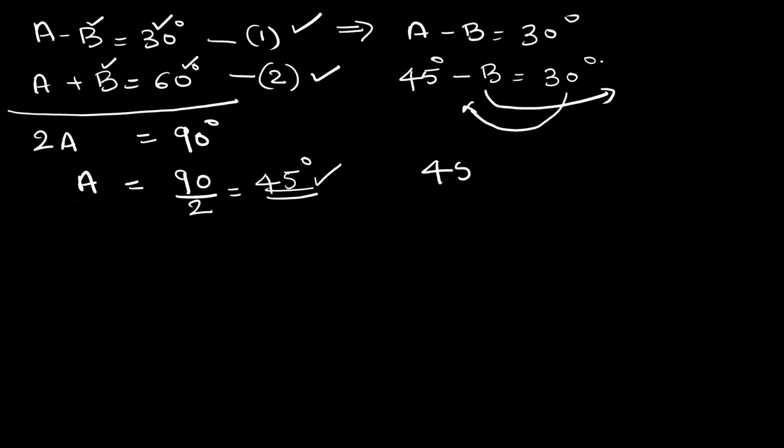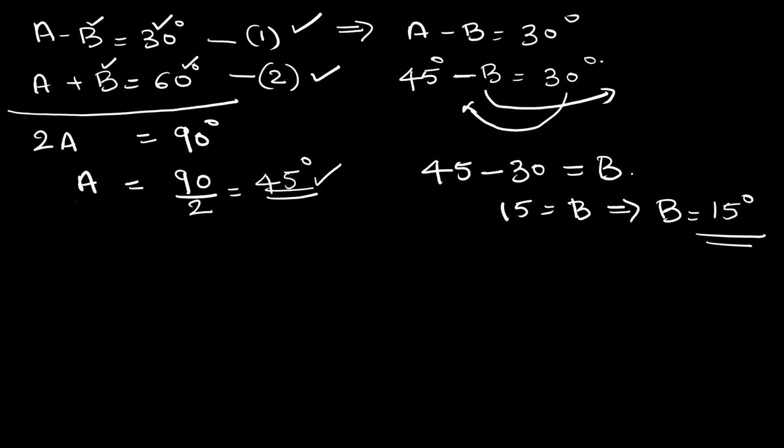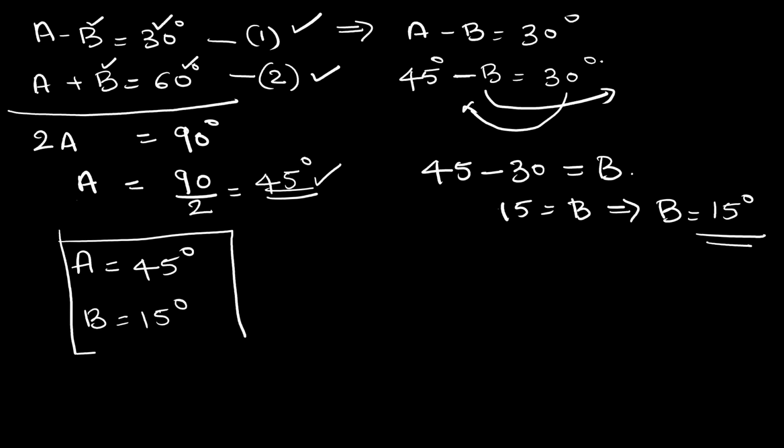That is 45 minus 30 equal to B. Therefore B equal to 15 degree. Now we got both A and B. Therefore the final answer is A equal to 45 degree and B equal to 15 degrees. This is the final answer.